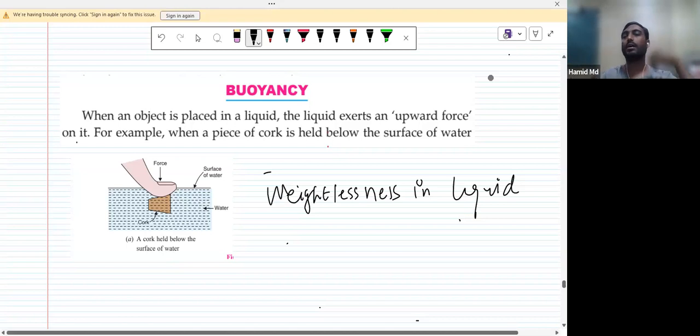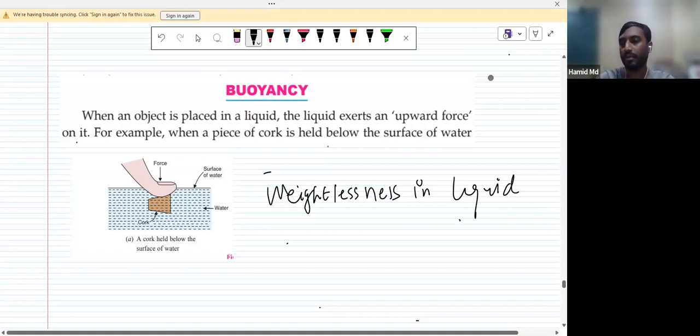As we see, if the weight of an object is 60 kg on the earth, it will be 1/6 on the moon, right? Same as if you have something weighing 10 kg, when you keep that in water, the water will exert a force upward, and then you will feel a little bit less weight.